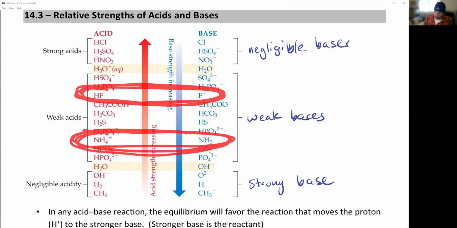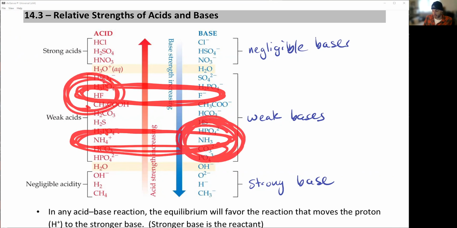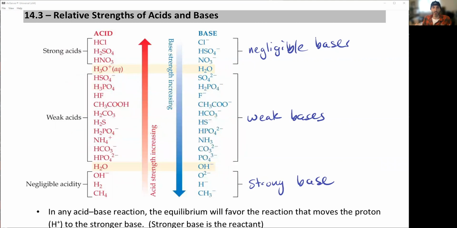NH3 is actually pretty decent at being a base because it's further down. NH4 plus does not do a very good job at being an acid. So out of these four, which one is the strongest acid? HF. And NH3 is the strongest base. The idea being we're never going to get a conjugate acid-base pair that's good at both things.